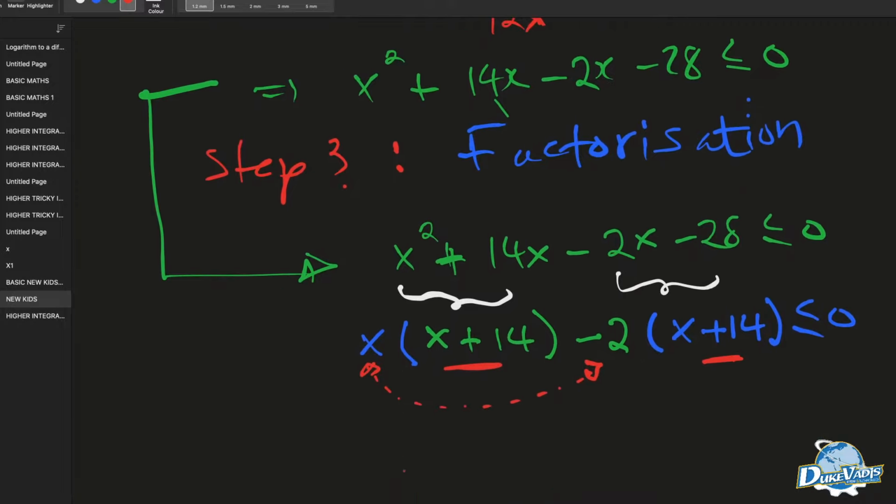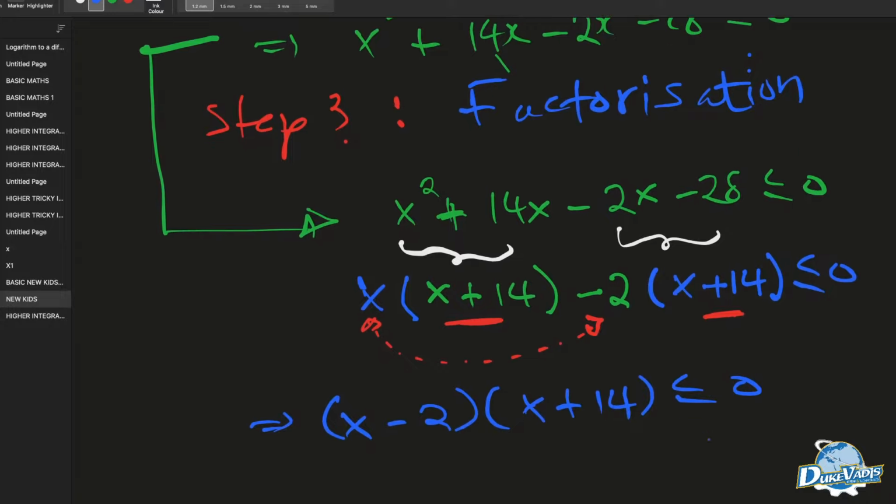This implies that my equation now becomes x minus 2, because I've taken this x and this minus 2 into a bracket, times x plus 14, is less than 0. If that is the case, then I have to break it into 2, because this is a product.